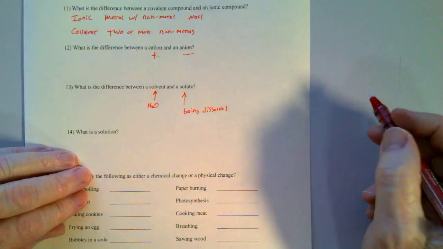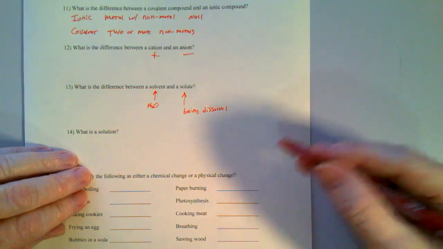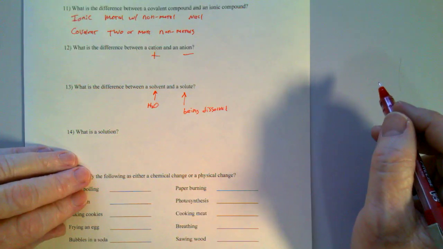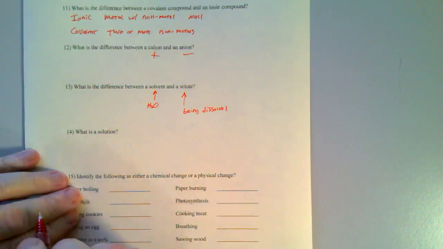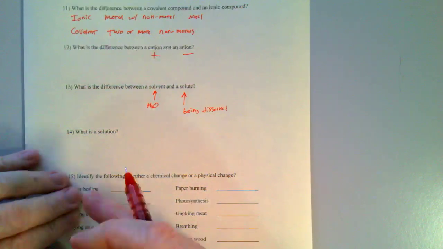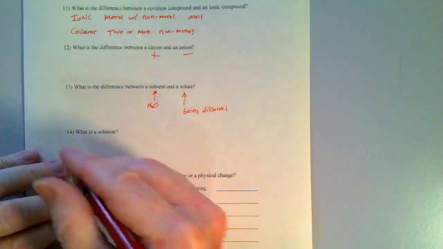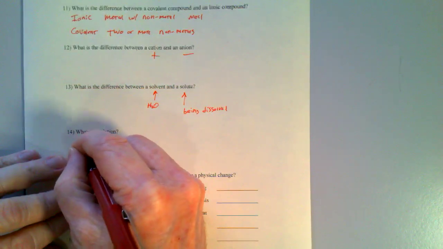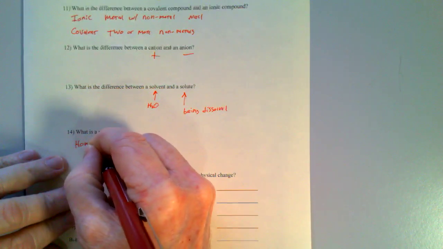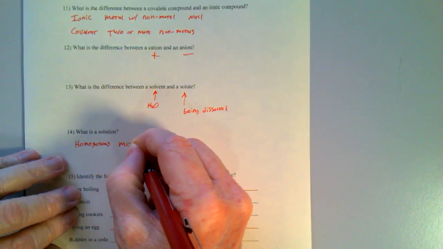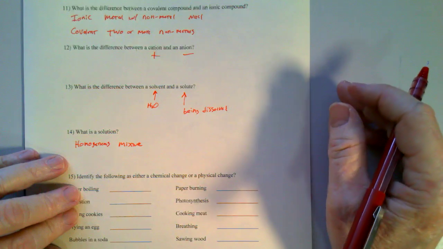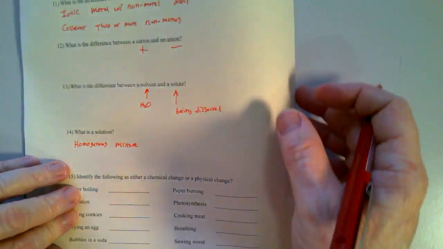Or we can even think of it as the solvent is what you have more of, and the solute is what you have less of. And a solution can be called a mixture of a solvent and a solute. However, it's better to think of it as a homogeneous mixture. Something like Kool-Aid or iced tea. Okay.